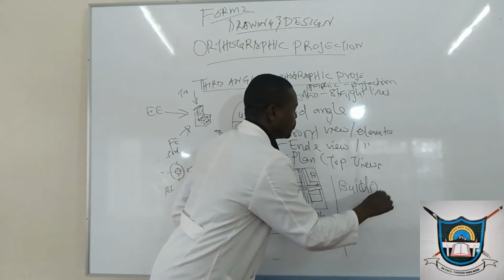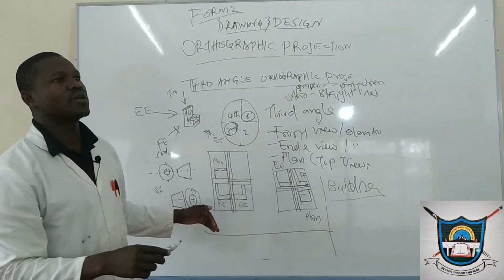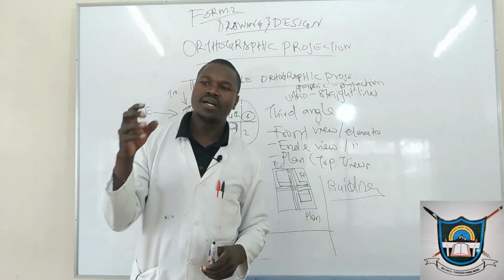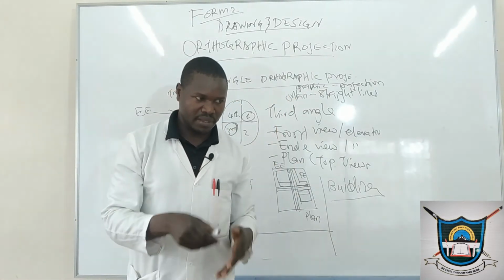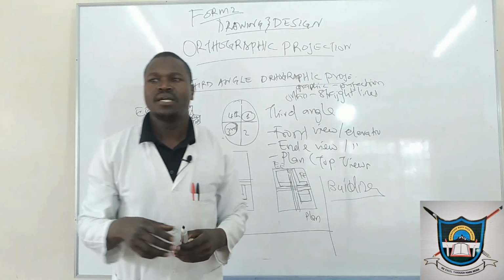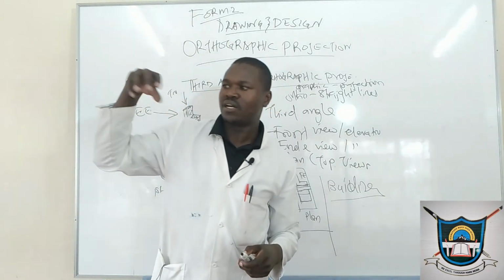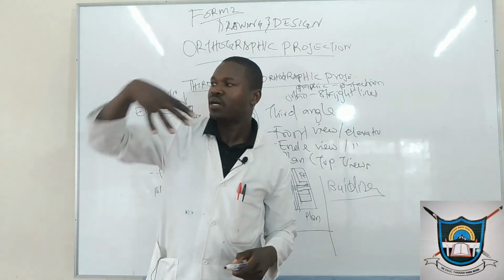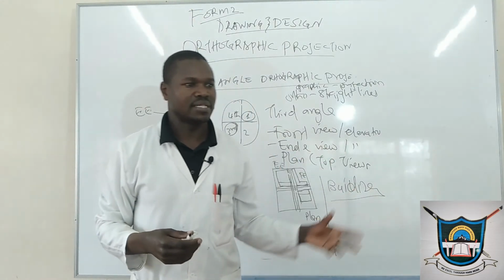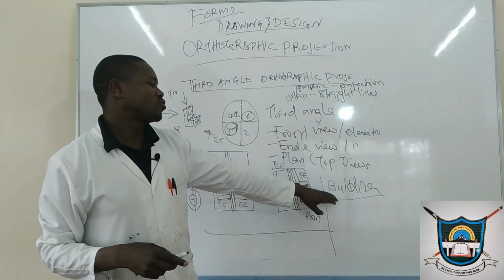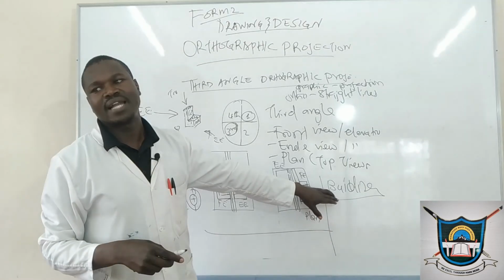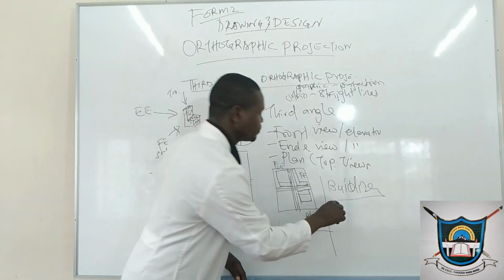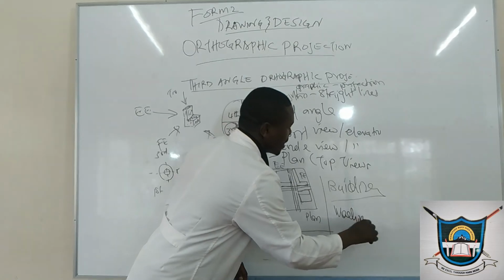Most buildings are shown by orthographic drawing because, for you to know the internal parts of a building, you must give the designer or the client the views, how the house looks from the top and from the side. So this is most applicable for students who will be doing building and construction and any other engineering like machine drawing and marine drawing.